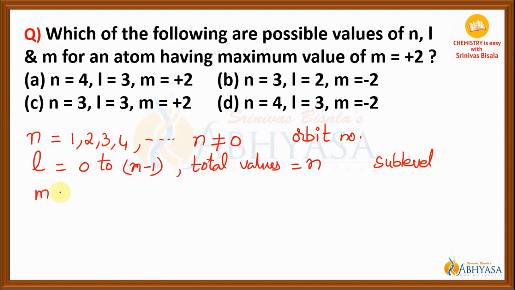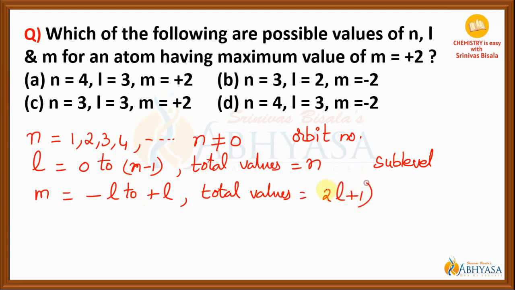And the magnetic quantum number m can have values from minus l to plus l including 0, and the total number of m values is equal to 2l plus 1.